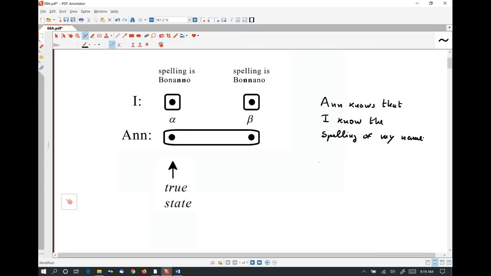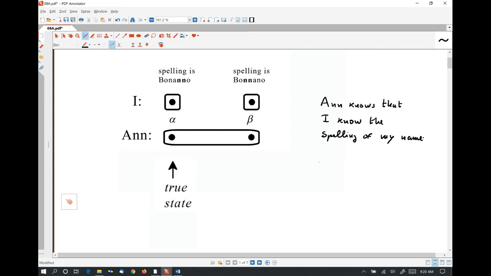Anne doesn't know what the correct spelling of my name is, but she knows that if it is one N first and then two N's, then I know that it is one N first and then two N's. And if it is two N's first, then I know that it is two N's first. So although Anne does not know what the correct spelling is, she knows that I know.